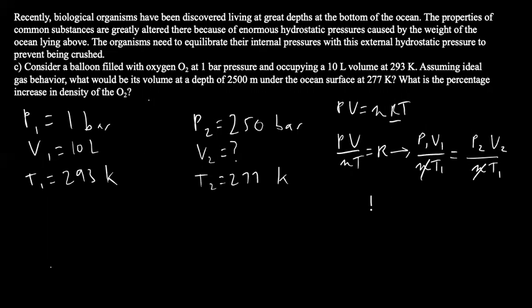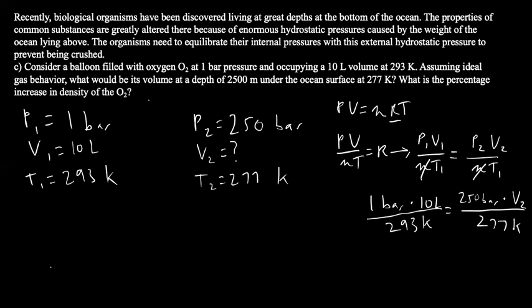So P1 is 1 bar. V1 is 10 liters. T1 is 293 K. And this equals P2, which is 250 bar, times V2 over 277 K. So I'm going to move this here, and I'm just going to cross multiply.